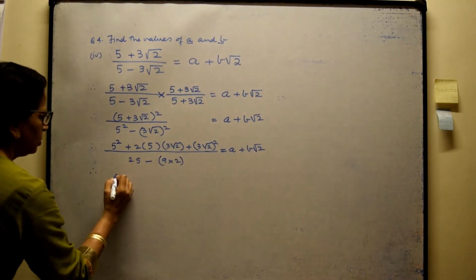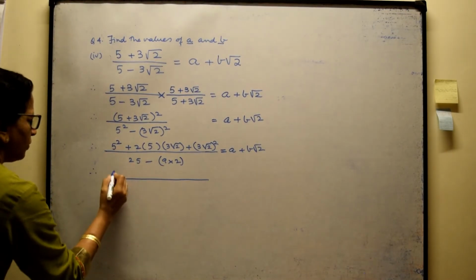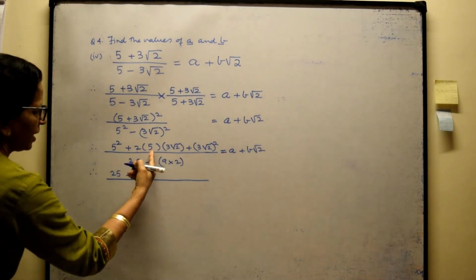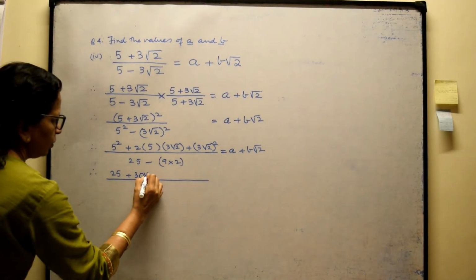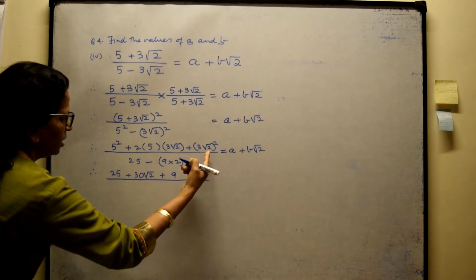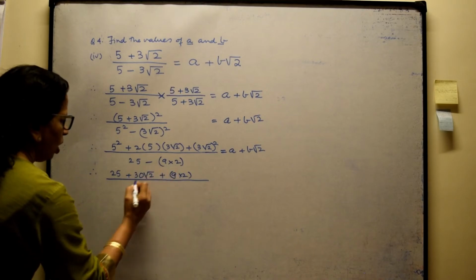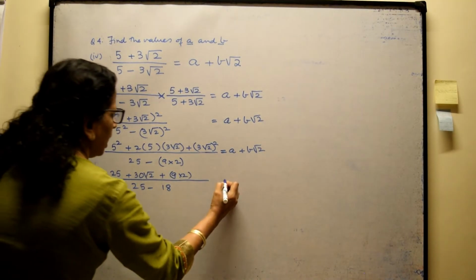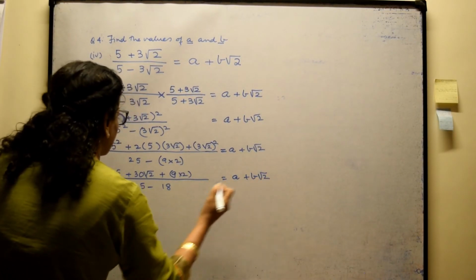We now come to 5 square giving us 25 plus 2 into 5 is 10, 10 into 3 is 30, root 2 plus 3 square is 9, root 2 square is 2, and denominator gives us 25 minus 18, and we write this as it is.